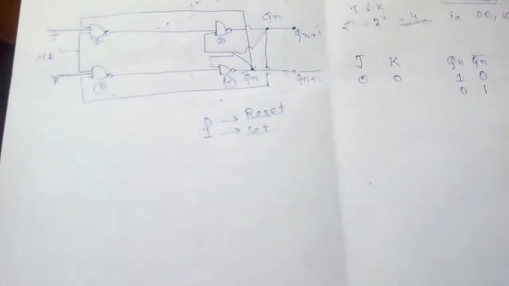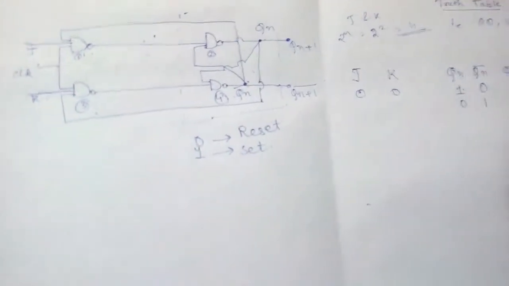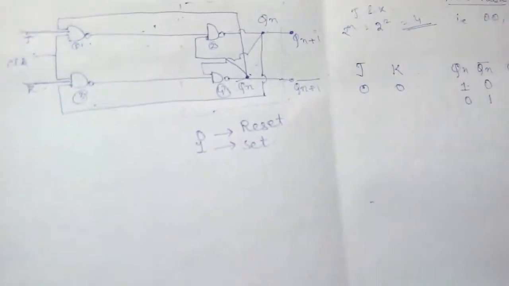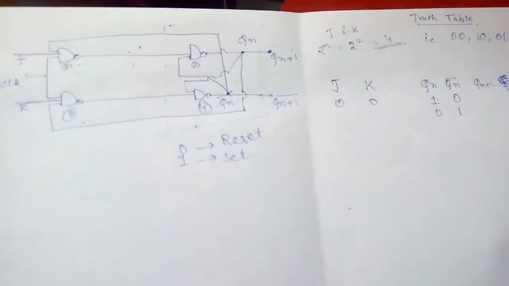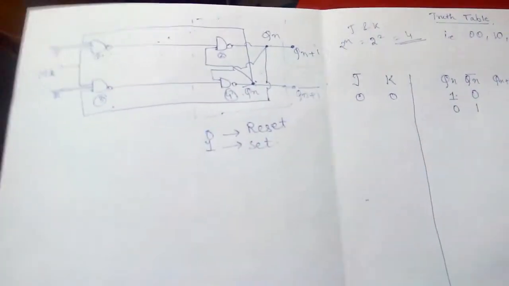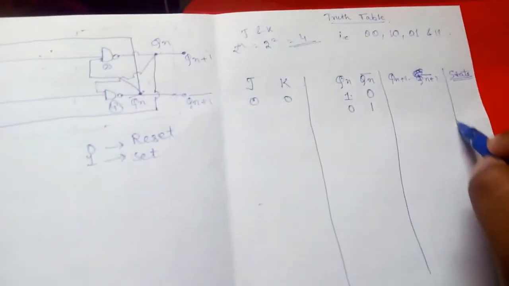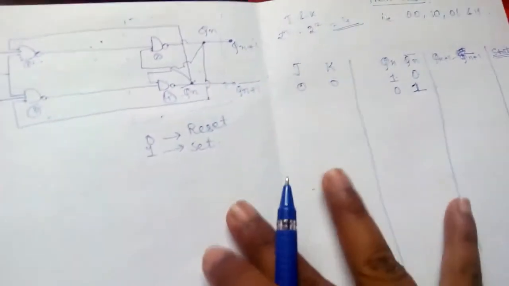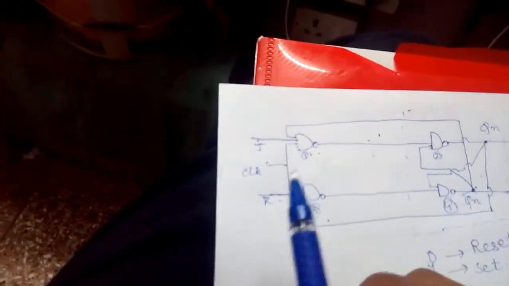We need to find Qn plus 1 and Qn plus 1 dash and the state of the output. Okay then, now let's try to find it out.